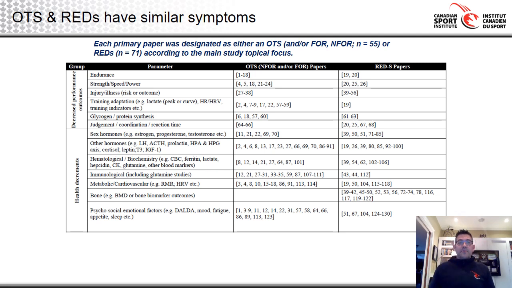And so there's incredible symptom overlap, which makes it challenging to know what the right diagnosis is or isn't. And you definitely have to do a workup to look at eating behaviors and elements of energy intake.